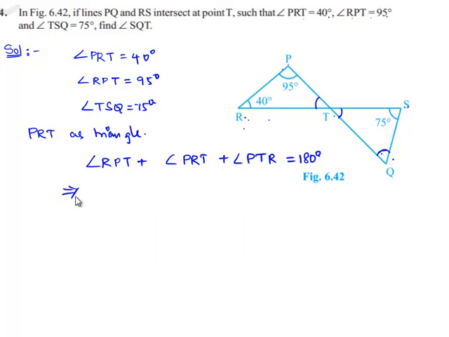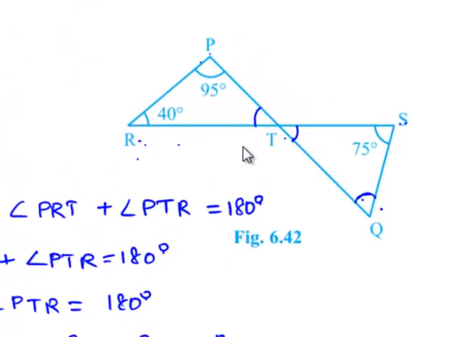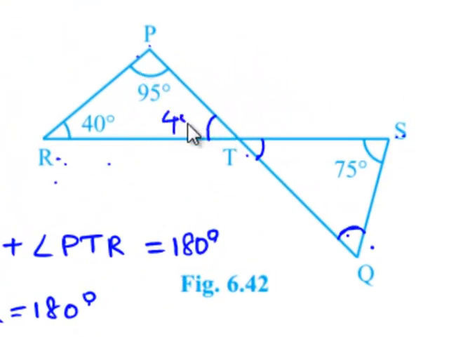That implies RPT is given as 95 degrees and angle PRT is given as 40 degrees, plus angle PTR is equal to 180 degrees, which implies 95 degrees plus 40 degrees is 135 degrees plus angle PTR is equal to 180 degrees, which implies angle PTR is equal to 180 degrees minus 135 degrees, which will be equal to 45 degrees. Therefore, we got angle PTR as 45 degrees.